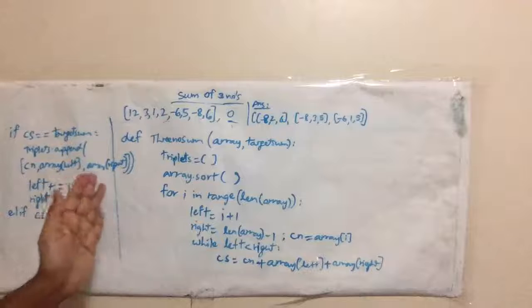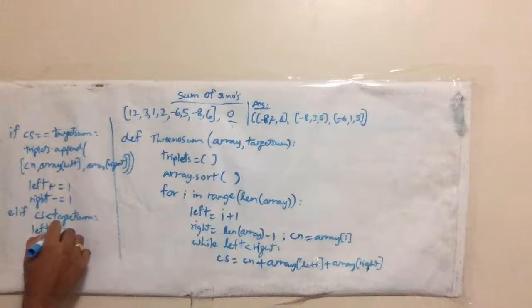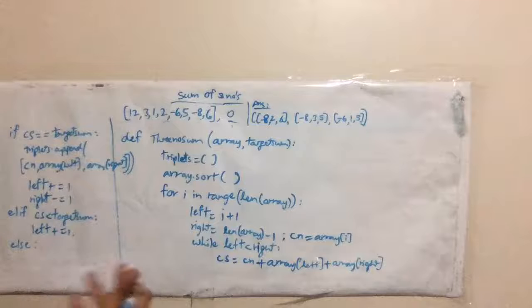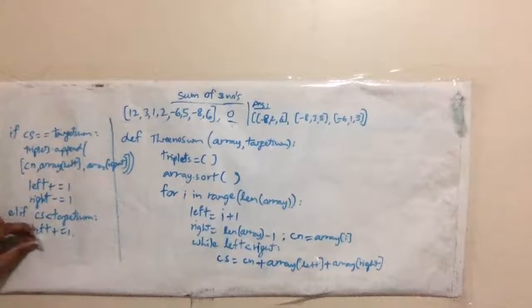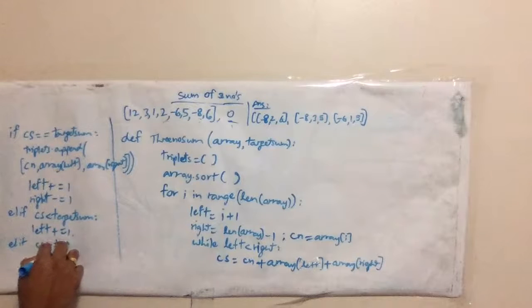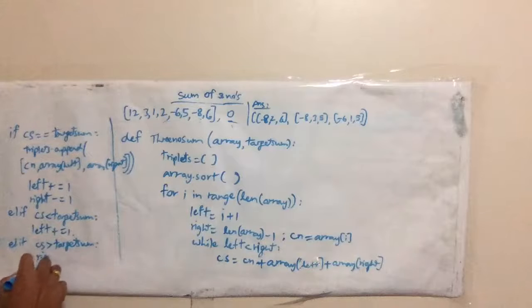Move the left pointer to the right. The other possibility is else, current sum greater than target sum, so reduce the right pointer.